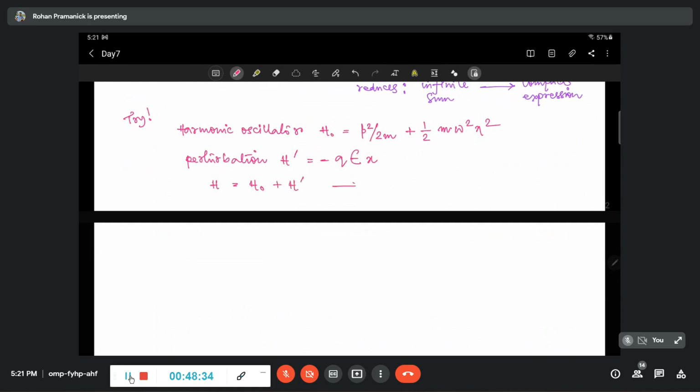So can any of you tell what energy gets shifted due to this kind of perturbation? If any of you can say, then I can write the answer for you so that it will help you. Can any of you just answer whether you have faced this kind of problem previously while doing the previous course? Anyone?